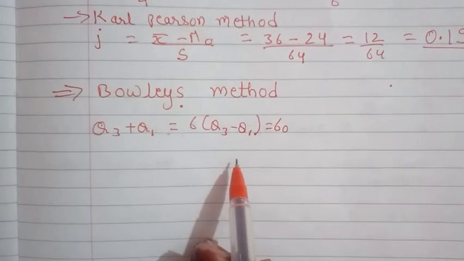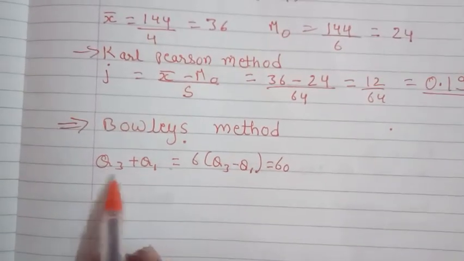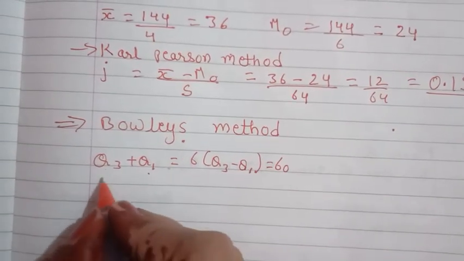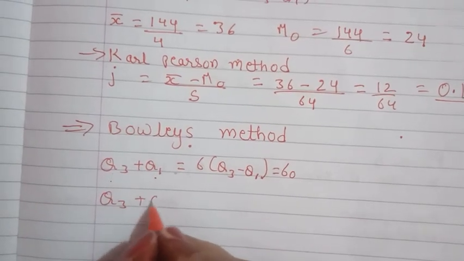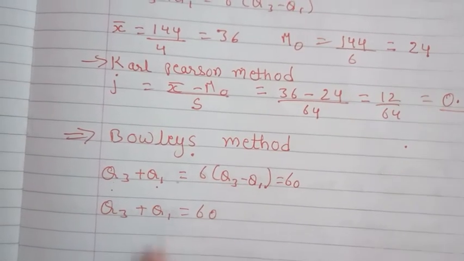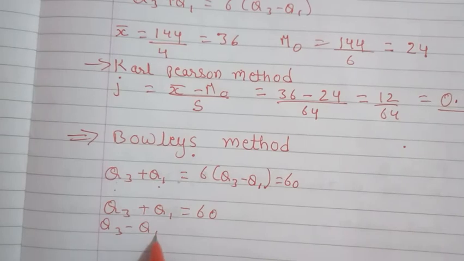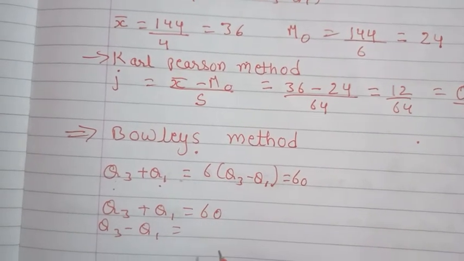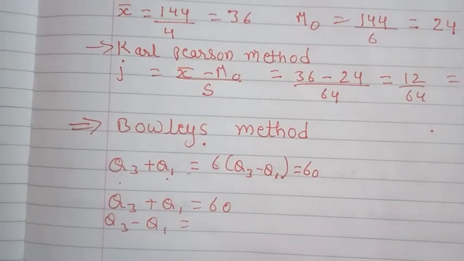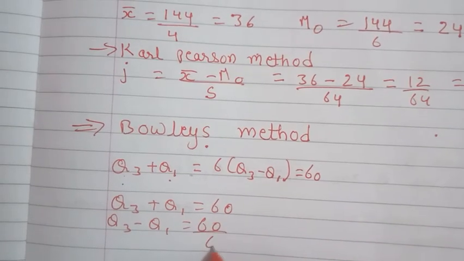Now I'll solve this first. So Q3 plus Q1 is equal to 60, and Q3 minus Q1 is equal to 60 divided by 6. That will give us 10.